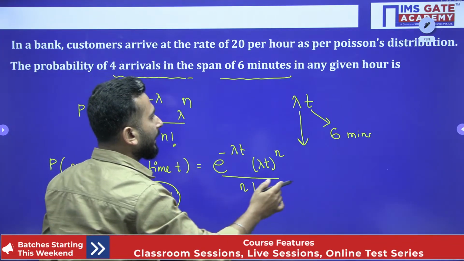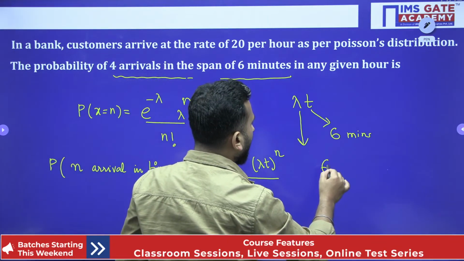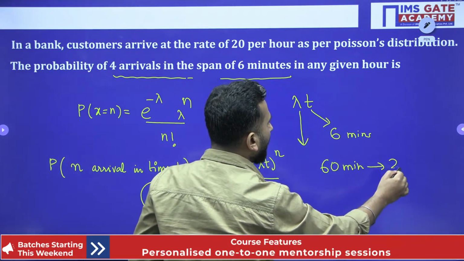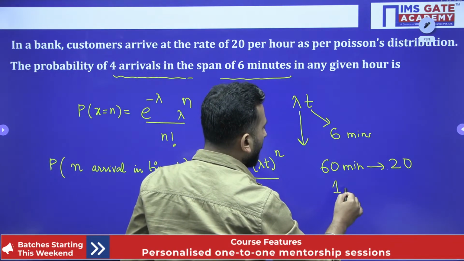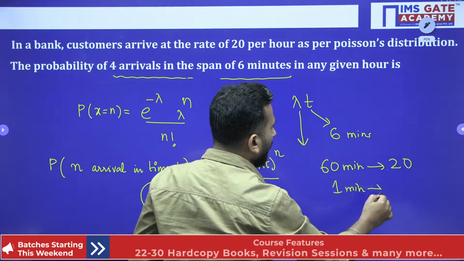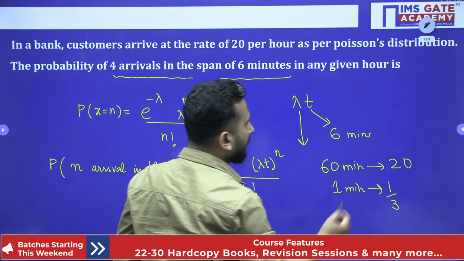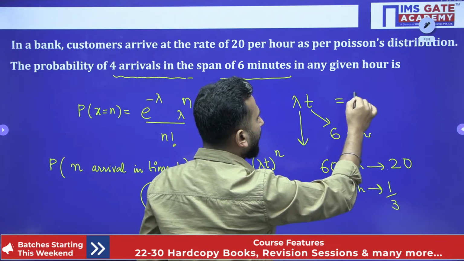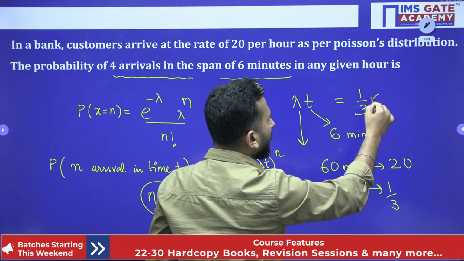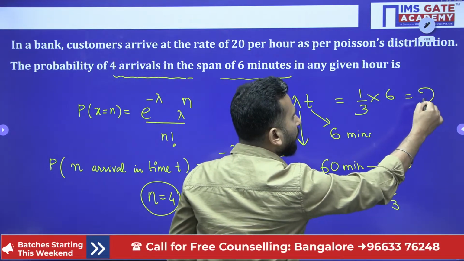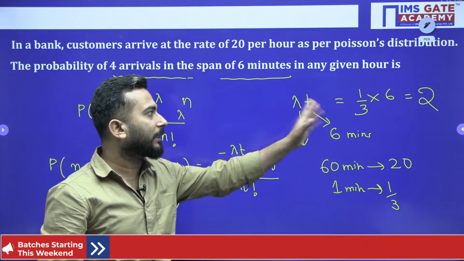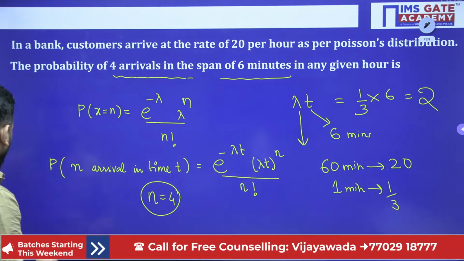If in an hour, that means 60 minutes, there are 20 arrivals, then in 1 minute there will be 20 by 60, that is 1 by 3 arrival per minute. And now lambda into t is 1 by 3 into 6, and that is 2. So the complete lambda t value is 2, and now happily you can substitute.